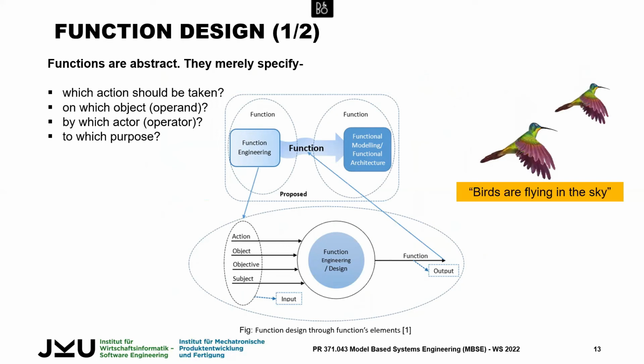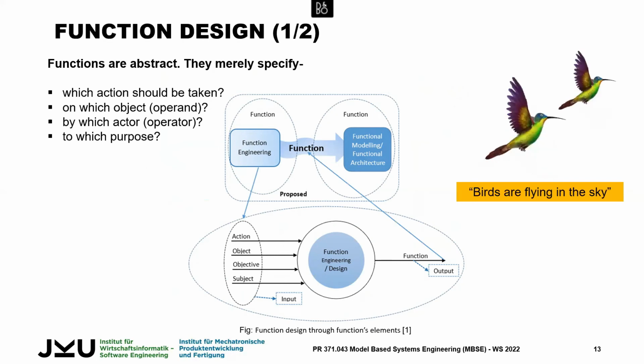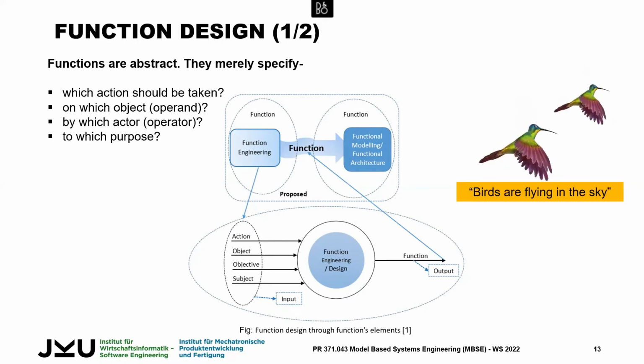In functional engineering, we understand what are the actions, object, objective, and subject for the functions. Then we design the functions and we get our output. So this is the function. And then we are doing the functional modeling or functional architecture.